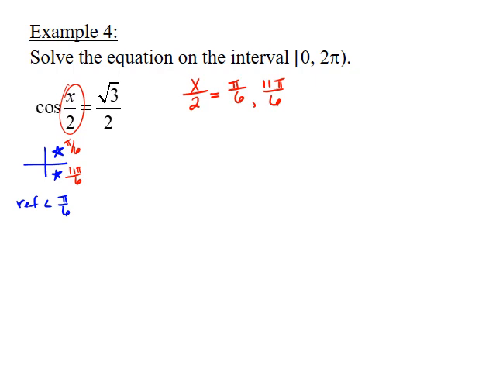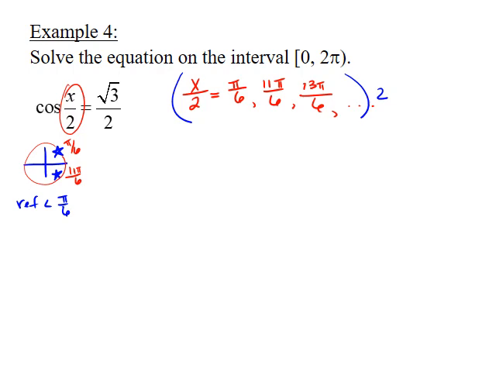So sometimes it's helpful to keep going. If I add pi to pi over 6, I get 13 pi over 6, and you can keep going. Now, I want x by itself, so I can multiply all of these by 2.